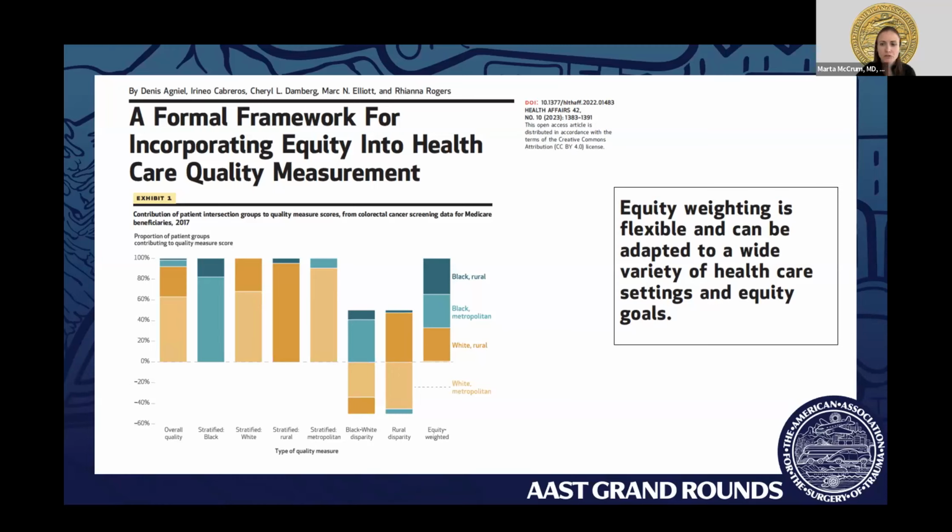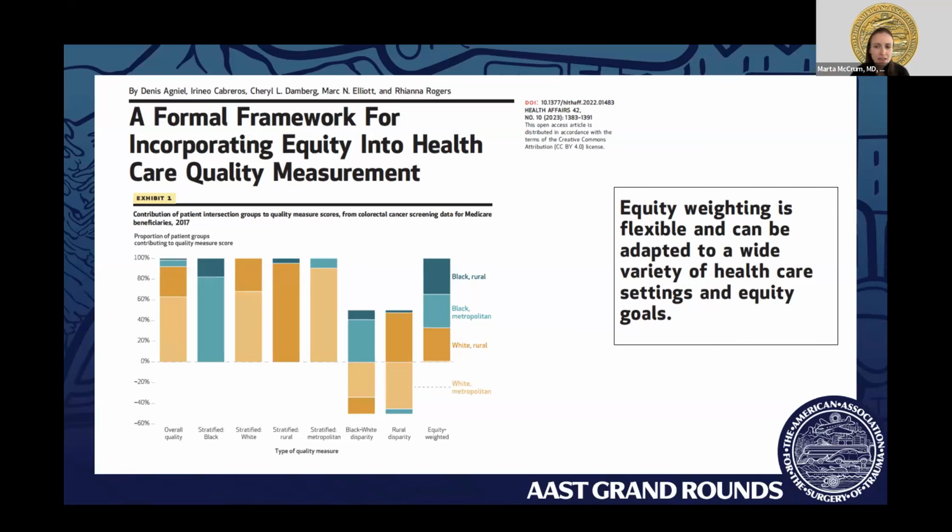If you are in a region that, like mine, is predominantly white or predominantly urban, your average, overall hospital metric on a given quality metric will effectively be dominated by that group. Using stratified data is another option, but there are problems with that, as one underrepresented group may be at odds with another underrepresented group.